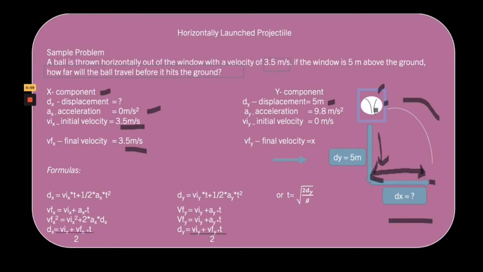And as you all know, since the ball reached the ground, therefore, there is a force acting upon that ball, and that's the gravitational force, which amounts to 9.8 meters per second squared. So that's our acceleration y.